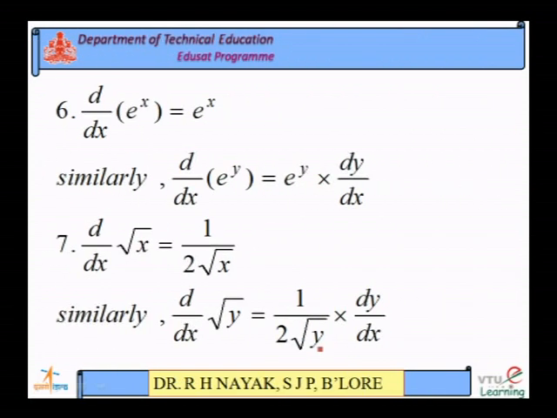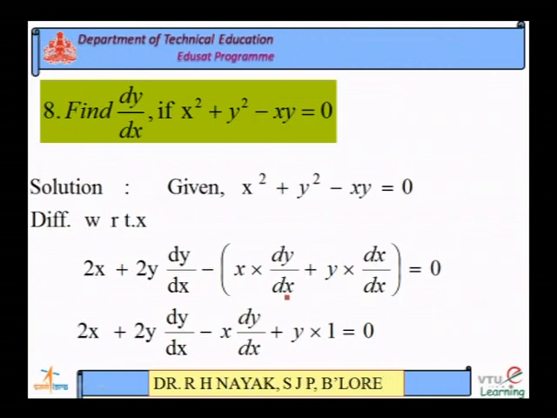E power x differentiation is e power x. For e power y, its derivative is e power y into d by dx of y. For root x, we write 1 by 2 root x, correct? According to that, differentiation of root y is 1 by 2 root of y into d by dx of y.